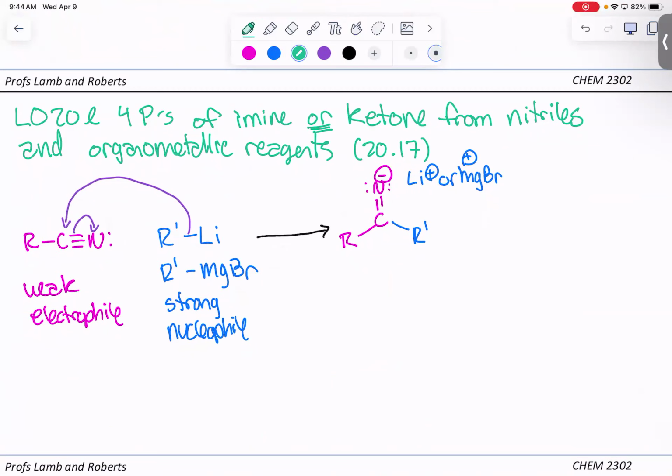All right, so we've got to this intermediate here, and we know that with our organometallic reagents, we need our H3O plus workup, and we would get an imine out of this reaction.